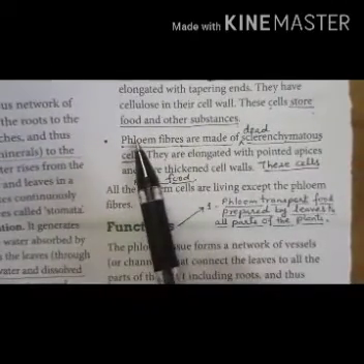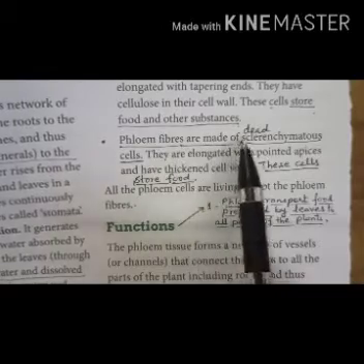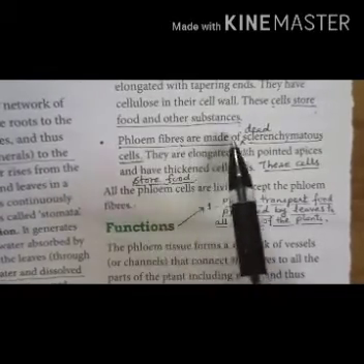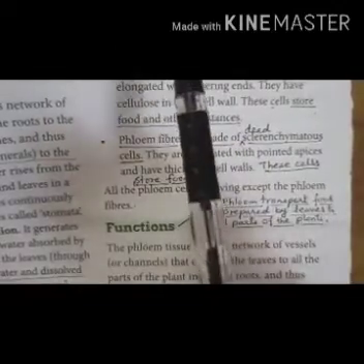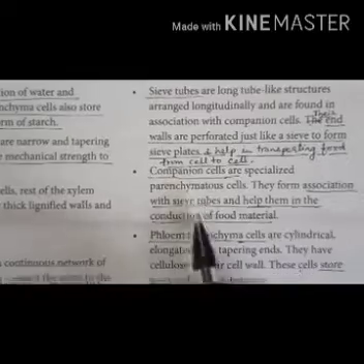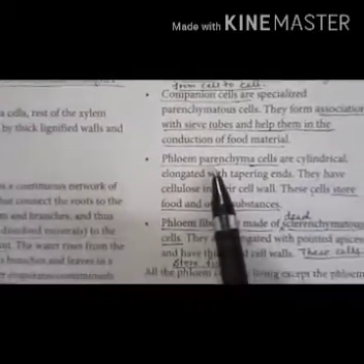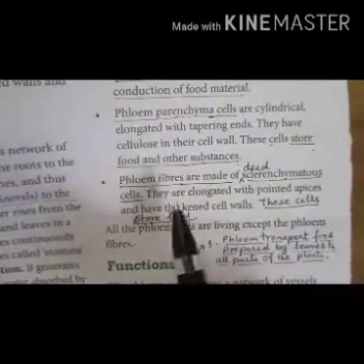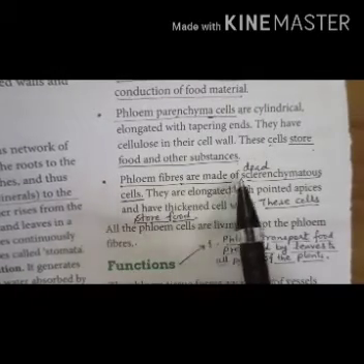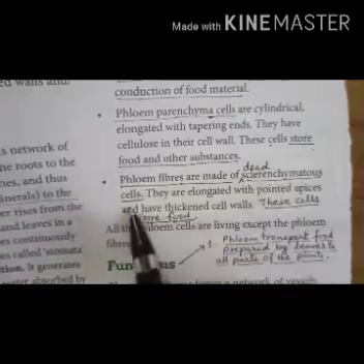Now last is your phloem fibers, which are made up of dead sclerenchymatous cells. The rest, your sieve tubes, companion cells, and phloem parenchyma, are all living. Only one cell type, your phloem fiber, is made up of dead sclerenchymatous cells.